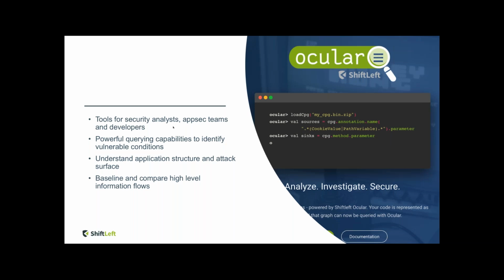And this Ocular tool enables your advanced security teams and developers to essentially take security requirements, construct what we call a security as code, and interactively inquire to identify if your source code contains such patterns that would lead to backdoors.